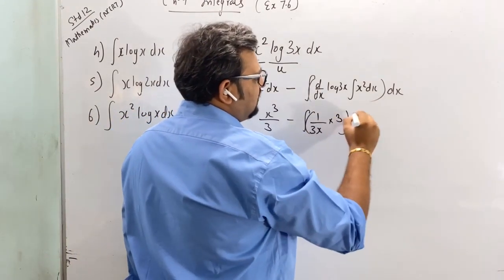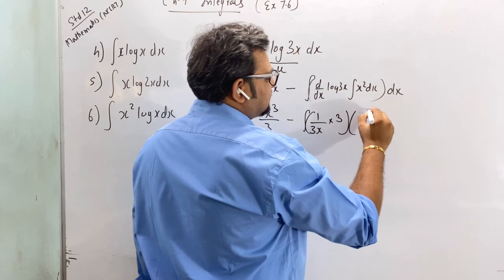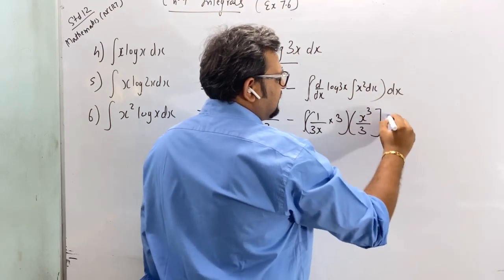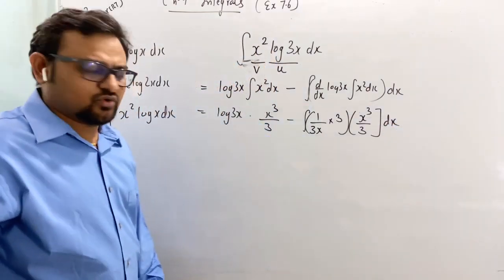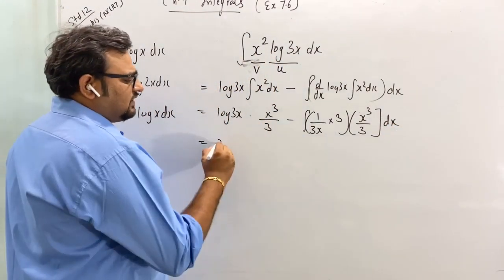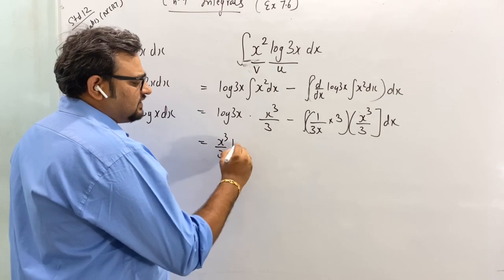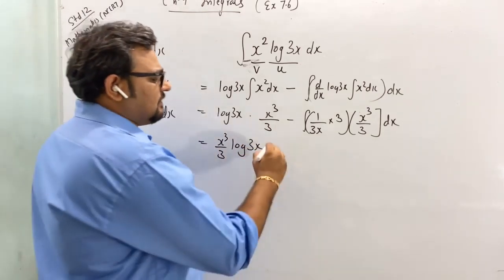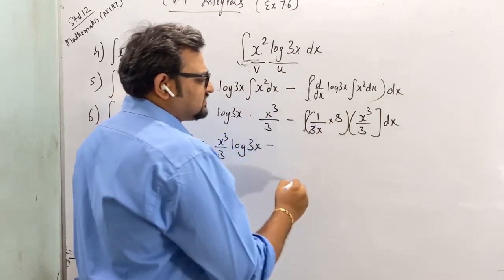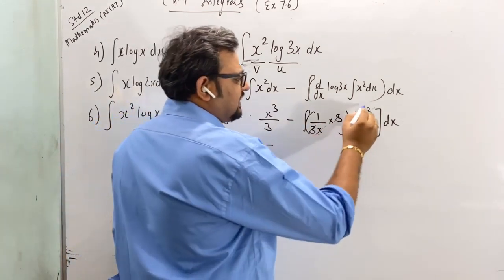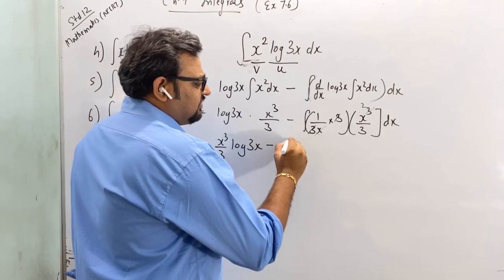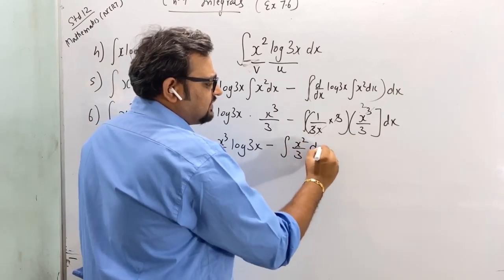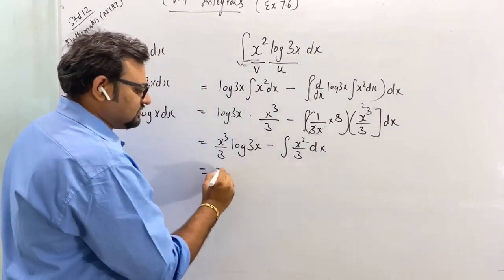Integration of x square, x raised to n plus 1, 3 by 3 dx. Okay, so this will be x cubed by 3 log 3x, minus 3 will get cancelled, and it is x, so it will be x square. Integration of x square by 3 dx.